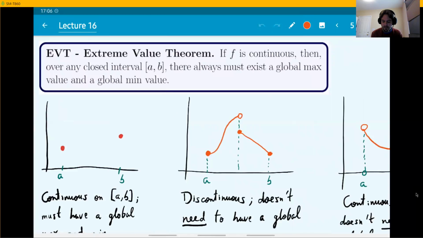So now we are finally in a position to talk about this EVT, extreme value theorem. What does it say? It's very simple. If you have a continuous function, then over any closed interval, there must always exist a global max value and a global min value.